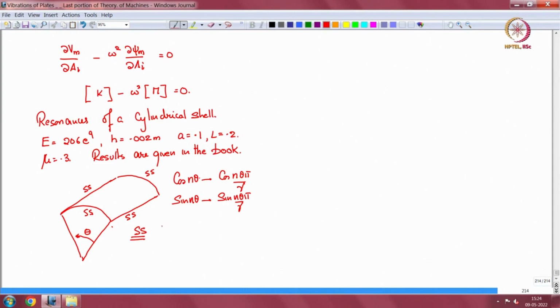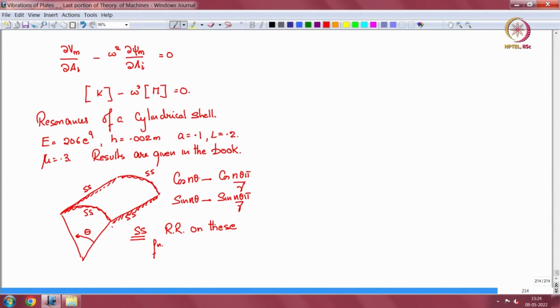Then you can do Rayleigh Ritz on these mode shapes or admissible functions and obtain resonances for a cylindrical panel, simply supported on all 4 sides.